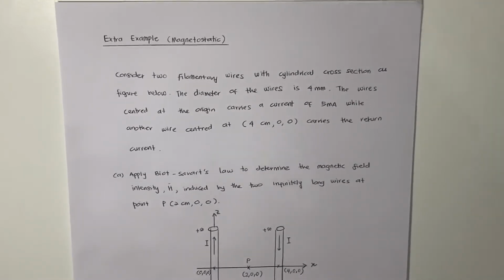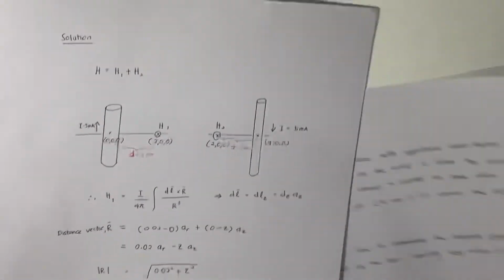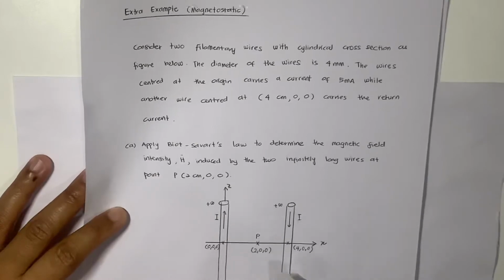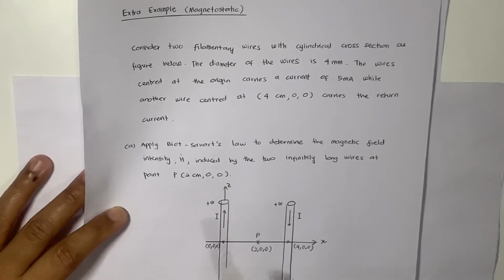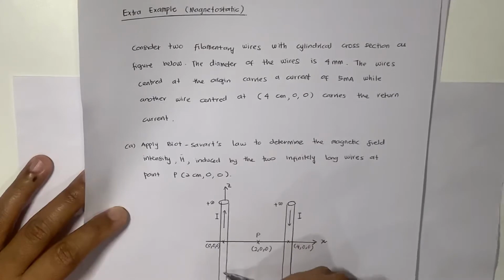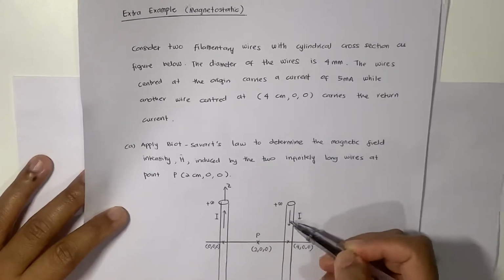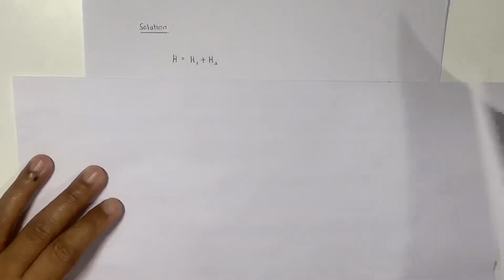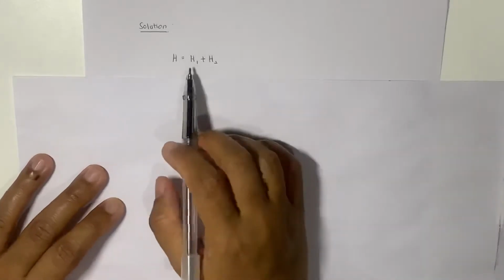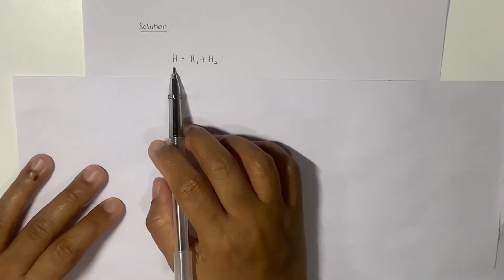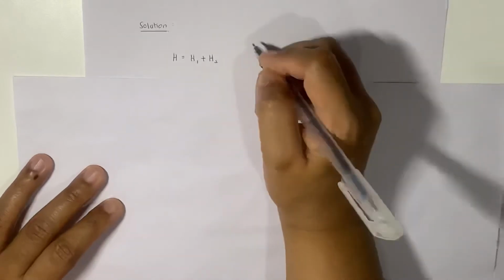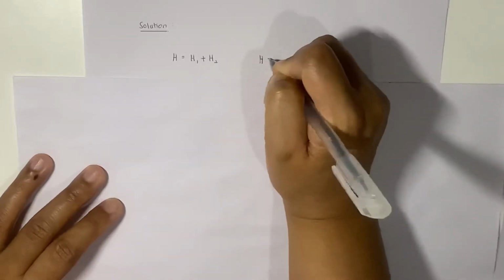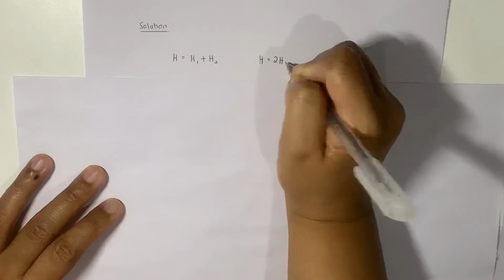Okay. So the first step is, because we have two wires, we need to consider the magnetic field intensity from the first wire and from the second wire. But because the distance is the same, I just consider H equal to 2H1.